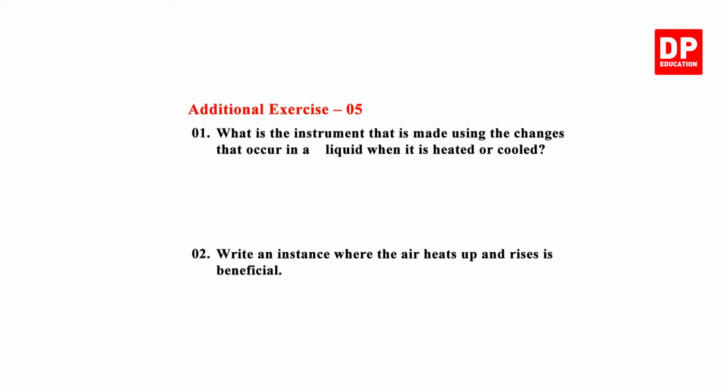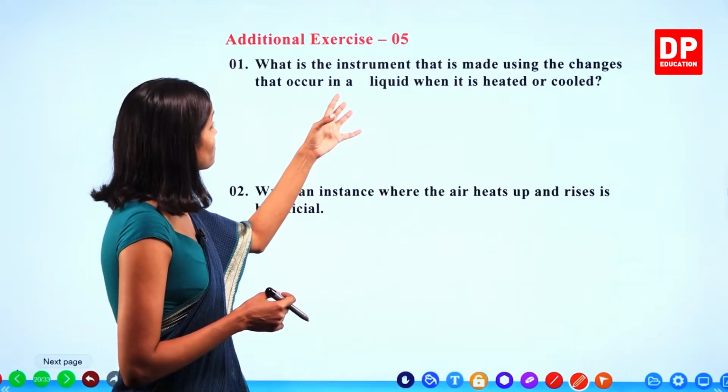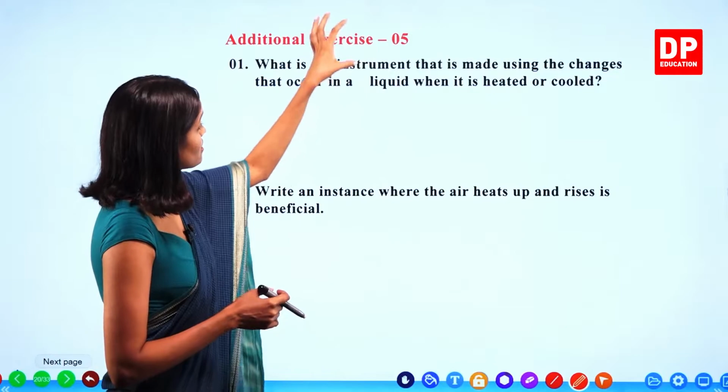Next one. Exercise number 5. What is the instrument that is made using the changes that occur in a liquid when it is heated or cooled? You all know that when we heat a liquid, it expands and its volume increases. Right? What happens when we cool a liquid?